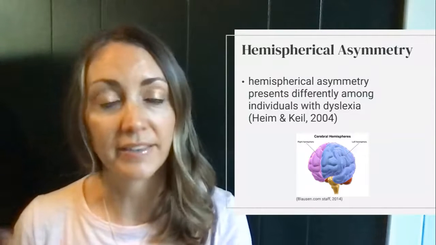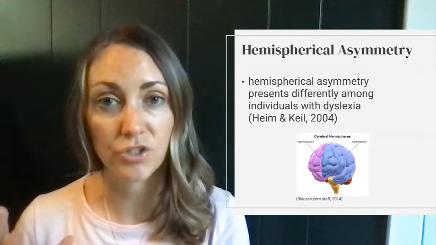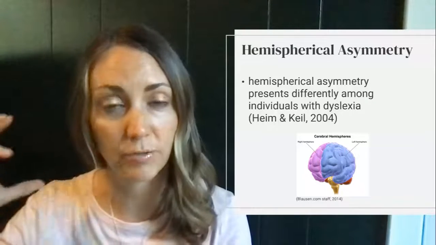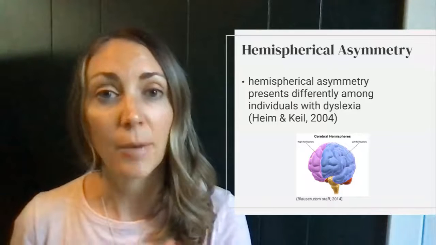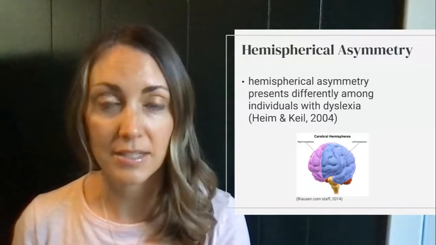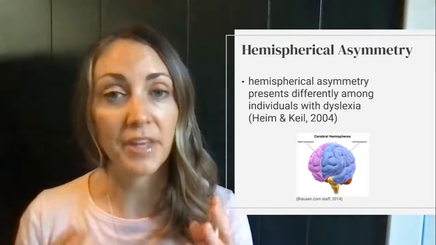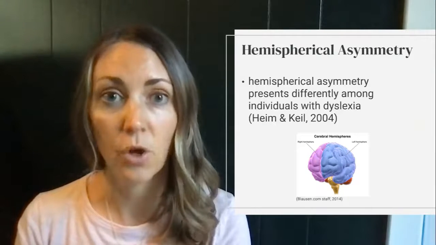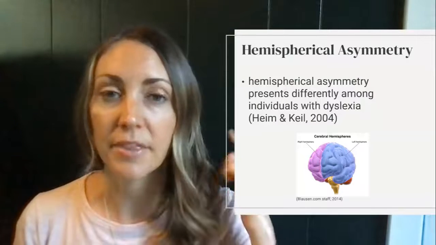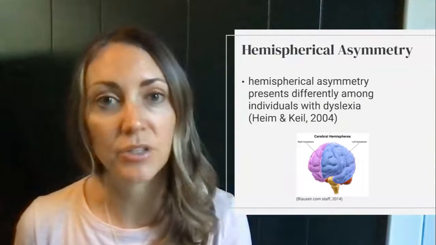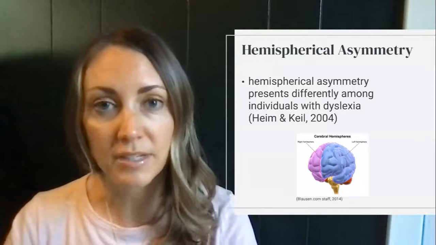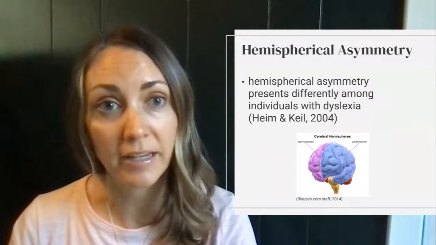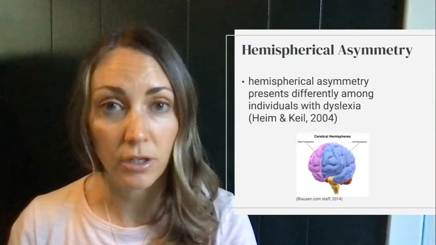So rather than having a left hemisphere that was larger than the right hemisphere, where so much of that reading work occurs, a person who's right-handed with dyslexia showed either that the hemispheres were equal in size, that they were symmetrical, or the opposite, that the right hemisphere was actually larger. So this structural difference actually offers a bit of an explanation as to why dyslexia may occur.